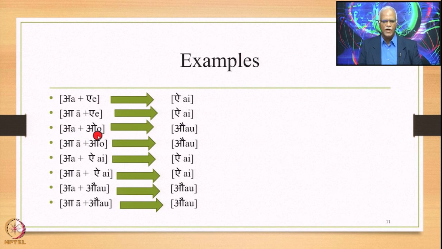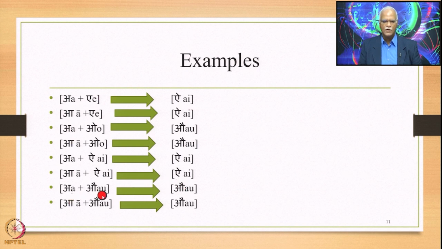Similarly, you have A plus O as input in Samhita mode and 6188 applies and AU is the output that is generated. Then you have AA plus O as input in the Samhita mode, 6188 applies and AU is the output generated. Then you have A plus AI in the Samhita mode, 6188 applies and the output generated is AI in place of both of them. Then you have AA plus AI in Samhita mode, 6188 applies and the output generated is AI.